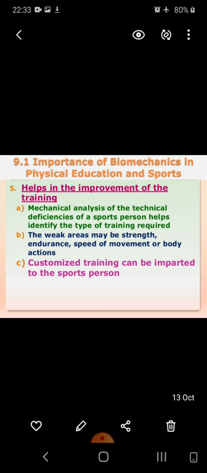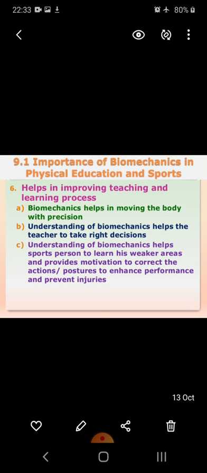So this is all about helps in improvement of training, and the next is helps in improvement of the teaching and learning process. In this, biomechanics helps in the teaching and learning process in physical education and sports. Each and every activity usually involves some type of movement.